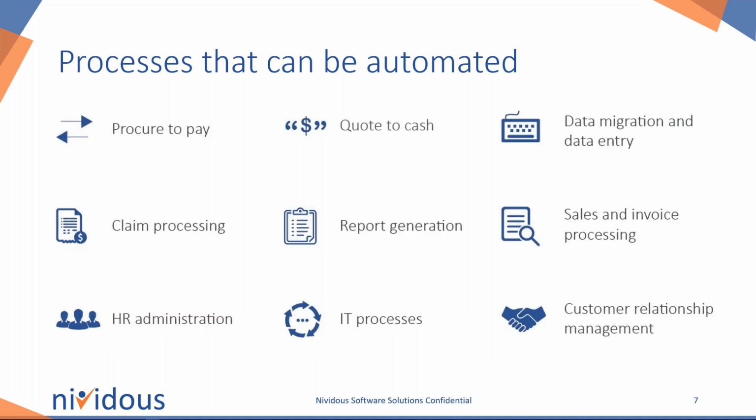Now, there are all kinds of different processes that can be automated using RPA because of the way it works. Like I said, any task that a human is currently doing can be automated using RPA, using that same interface that the employees are currently using.